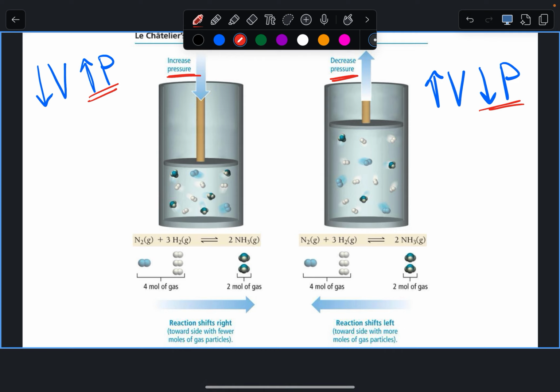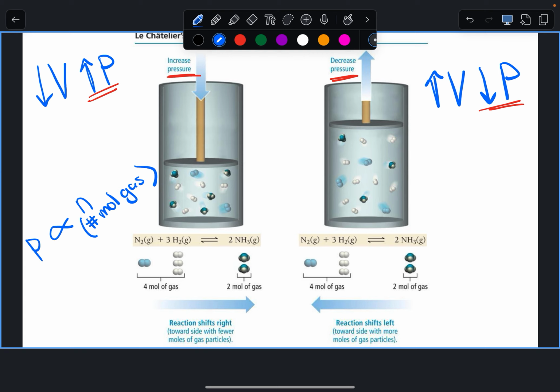Now, the other thing to remember is that pressure is affected by the number of moles of gas. So I'm going to say pressure is proportional, remember that's what the little fishy is, to N, which is the number of moles of gas. Okay? So if I increase the pressure, that's what's happening on this side of the reaction.